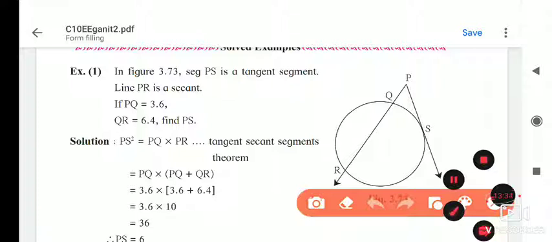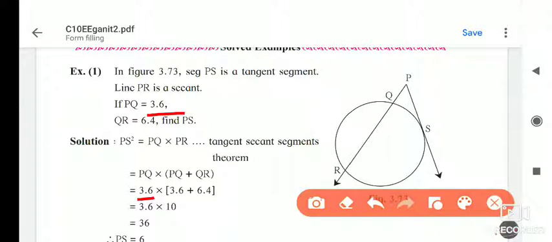So PQ is equal to 3.6, it is given here. QR is equal to how much? 6.4. If we put the values here, 3.6 plus 6.4 is equal to 10, and 10 into 3.6 is equal to 36.